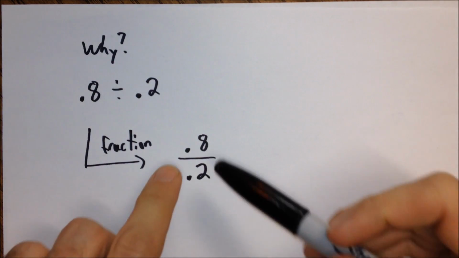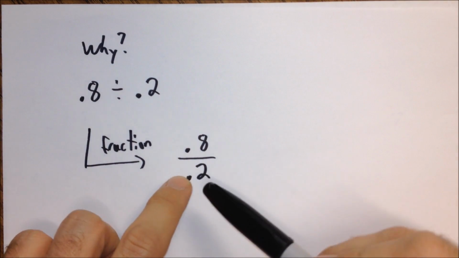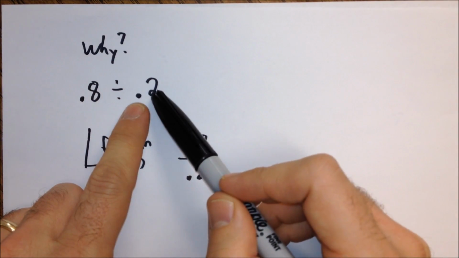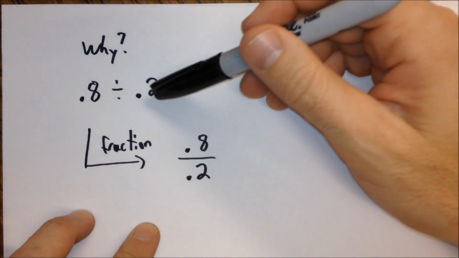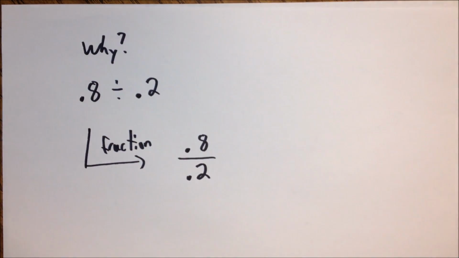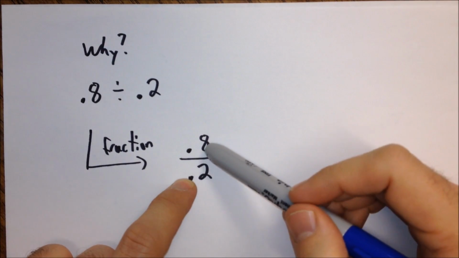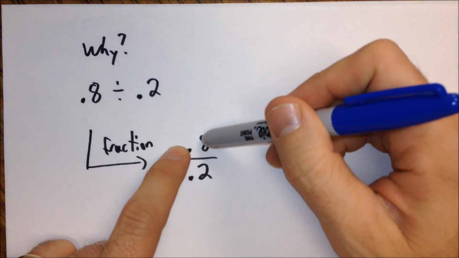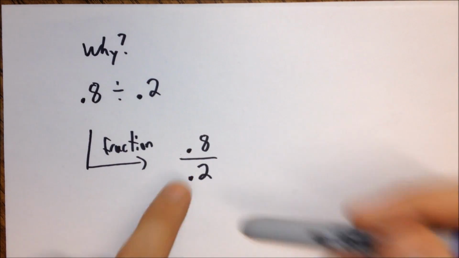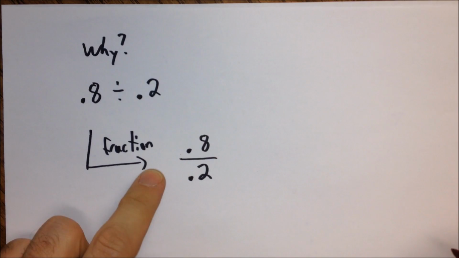When you see this fraction, 0.8 over 0.2, you should think 0.8 divided by 0.2. So these actually are the exact same thing, just written with simpler notation. But what you will remember about fractions is we can simplify them by multiplying or dividing both the top and the bottom by the same number.